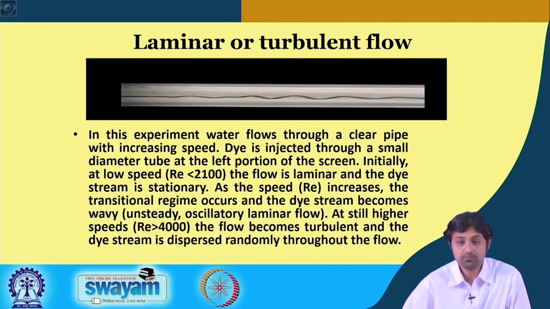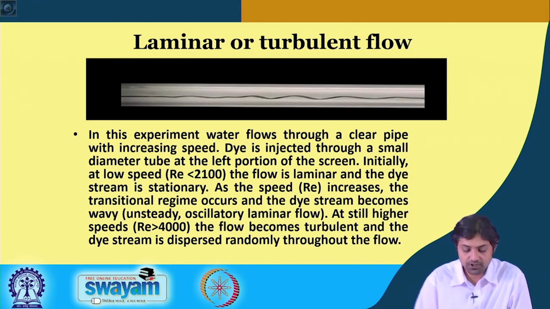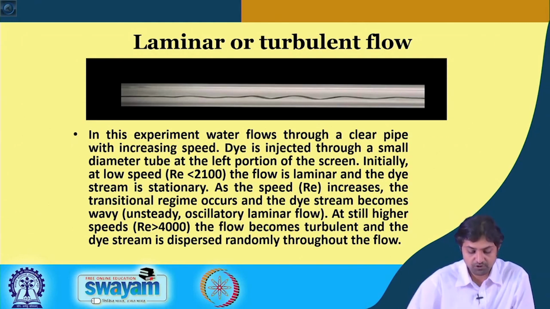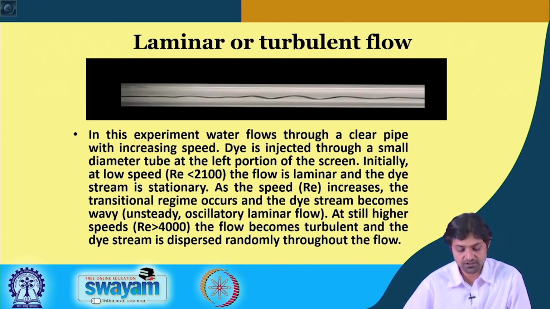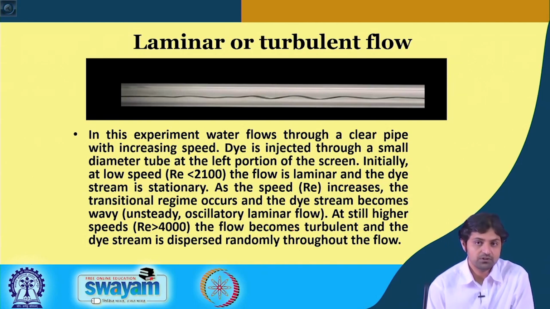whereas if you keep the Reynolds number even higher, that is greater than 4000, or what you can do, you cannot control the Reynolds number just like that. What you do is you increase the speed. So, if you increase the speed, the flow becomes fully turbulent and the dye stream is dispersed randomly throughout the flow. Alright. So, we have read in the chapter of laminar and turbulent flow that one important property of turbulence is dispersion and mixing.